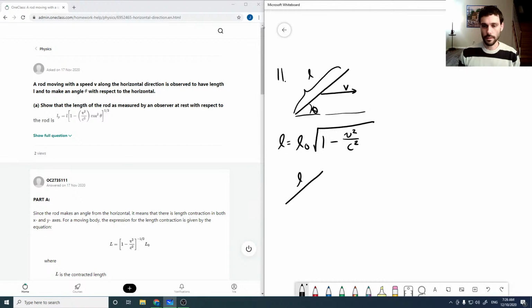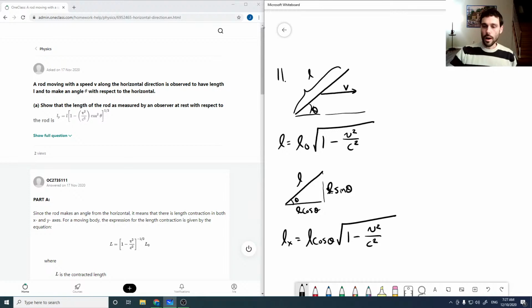So if that's its length, and that's theta, then that's L cos theta, and that's L sine theta. So that means that our x direction is going to be compressed, so our Lx is going to be L cos theta, square root of 1 minus v squared over c squared.